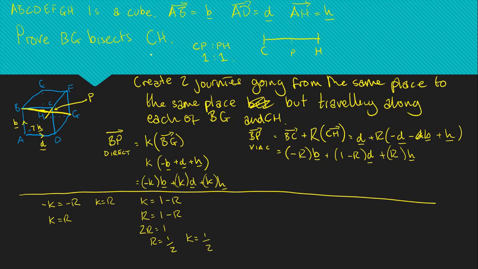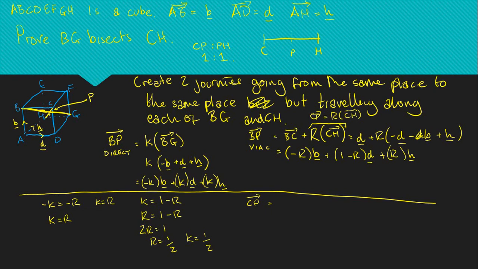Now we're looking to prove that BG bisects CH. And what that will mean is that C to P to H must be 1 to 1. Now, to get from C to P, we set up here, it was this chunk here, where we went from B to C and then from C to P. C to P is equal to R of C to H. It was R that splits up this line here.